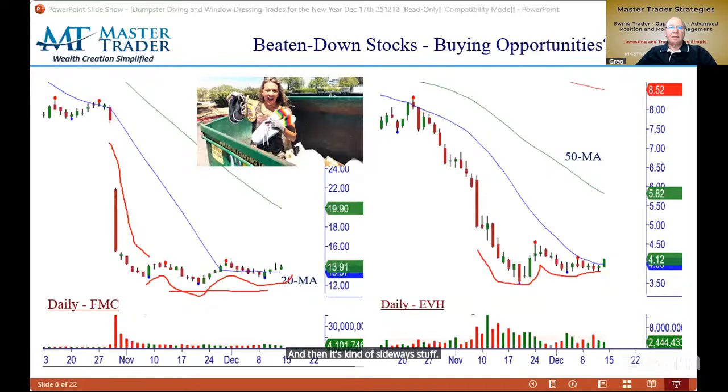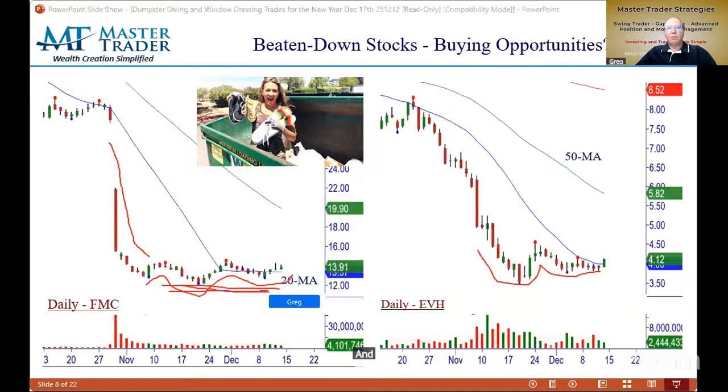Think about it as energy, mass fear, tremendous emotions, and sideways is dissipating those emotions. How is that happening? Somebody believes it's undervalued or oversold. Whatever it is, somebody's buying it down there.